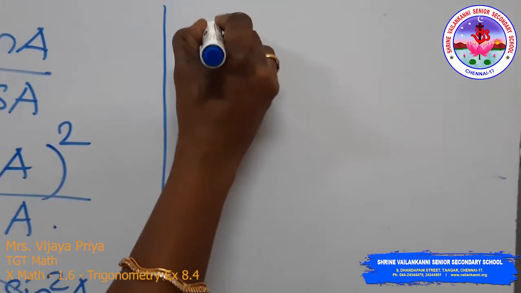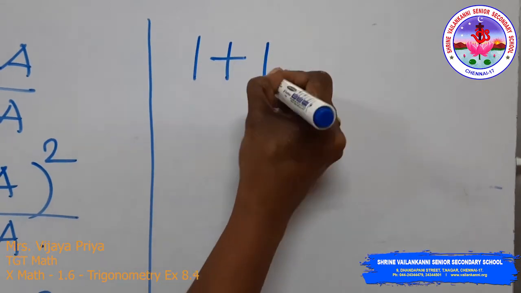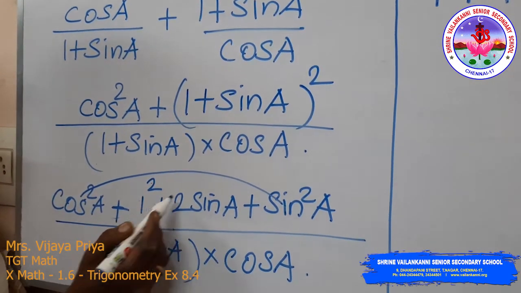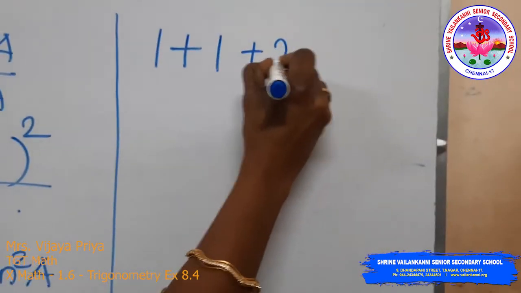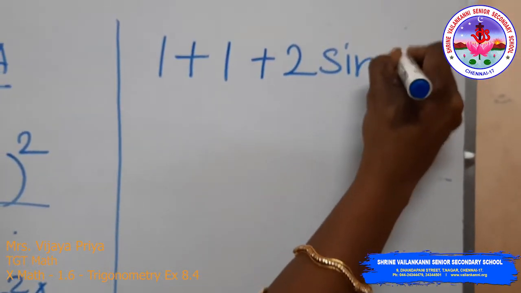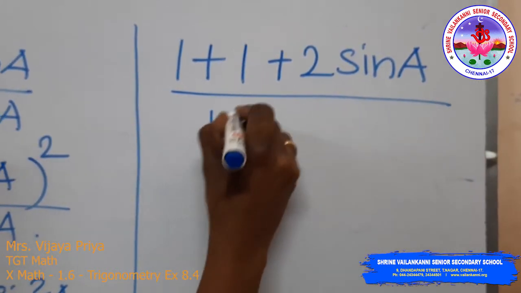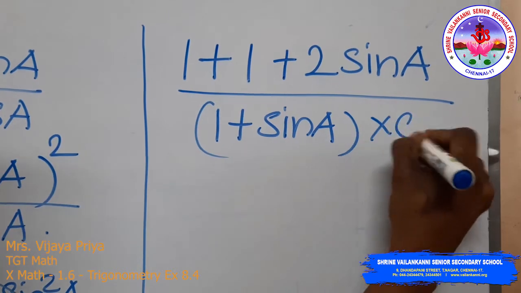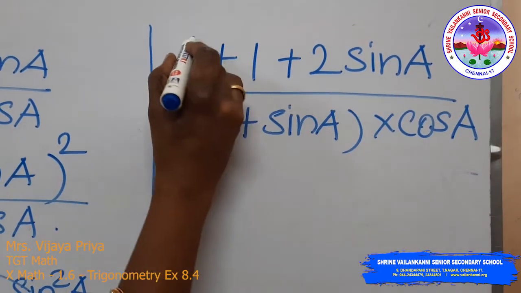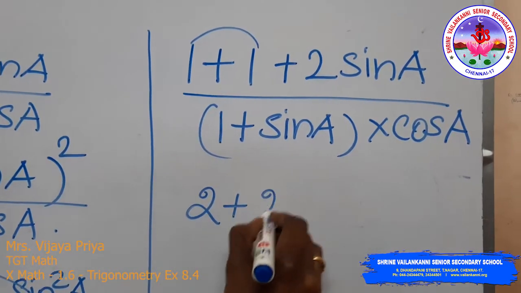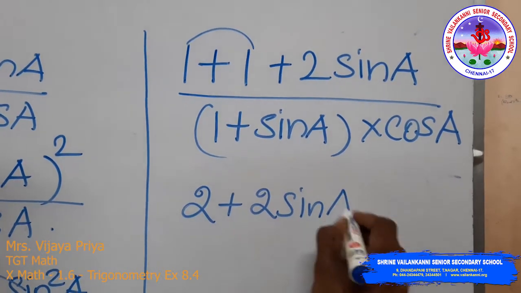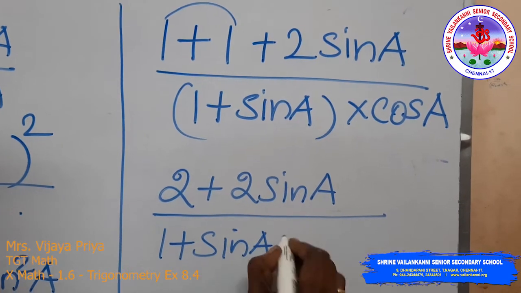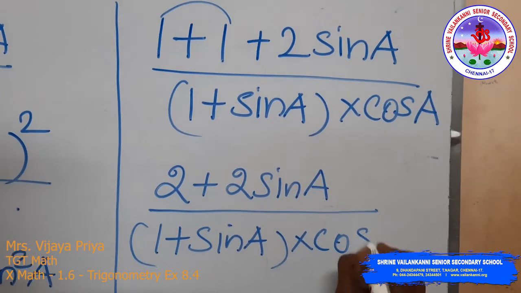So we will get 1 plus 1. The remaining is 2 plus 2 sin A. And the denominator remains as it is, into cos A. Now 1 plus 1, so 2 plus 2 sin A divided by (1 plus sin A) into cos A.